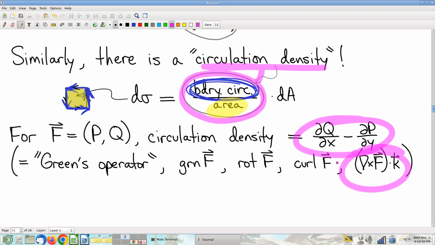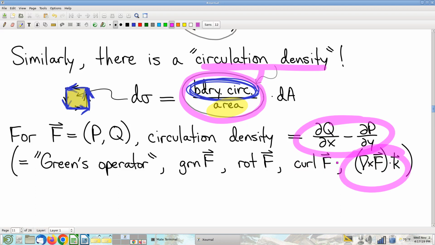Here is my least favorite notation for this. Our book uses this in at least one or two places, and that is to talk about del cross. And this is where I get really uncomfortable. Again, we're in two dimensions here. There is no cross product in two dimensions.